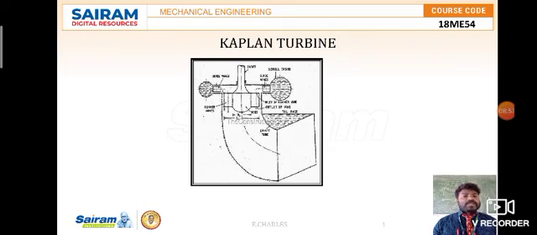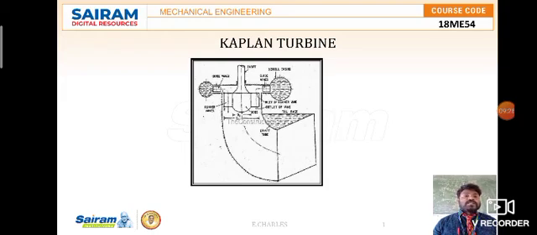Then there will be guide vanes. Before entering the rotary blades, there will be a guide blade through which water is directed towards the moving blades, through which water enters and hits the turbine blades. There are runner vanes, where we can see that on top of the boss, these vanes are fixed, and this is rotating. Through the guide vanes water comes in the radial direction, then leaves the turbine blades in the axial direction.